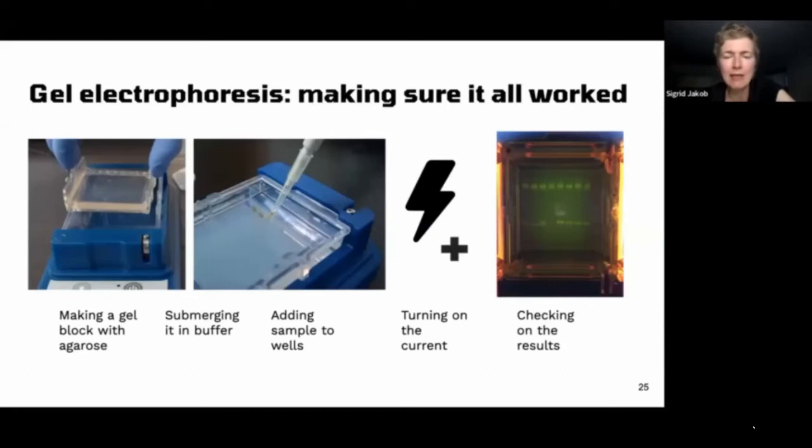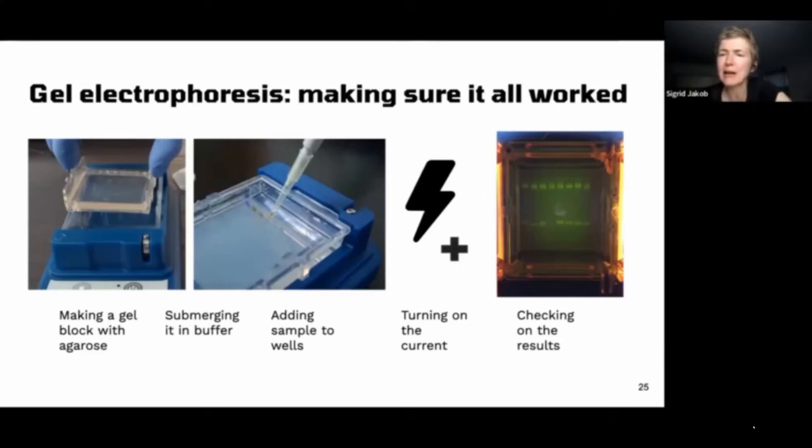So every well gets its own little sample, and then you turn the current on, and DNA wants to travel towards the positive end of the current. So it's starting to migrate through the gel, sort of like floating through that gel. And because you put a stain on it, it actually shows up under a special kind of light, like a blue light. And it looks like this.